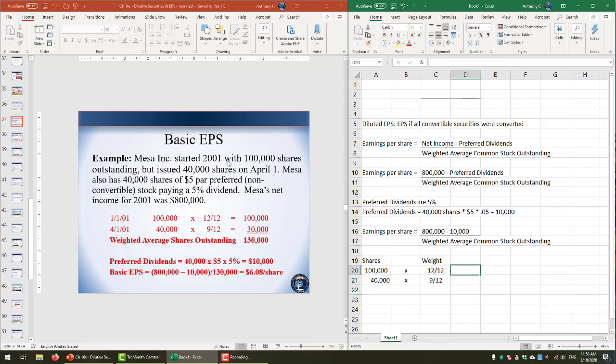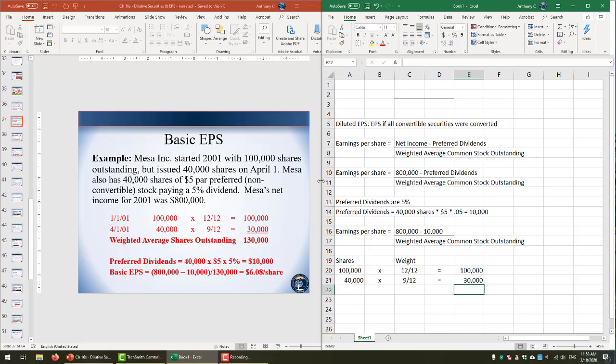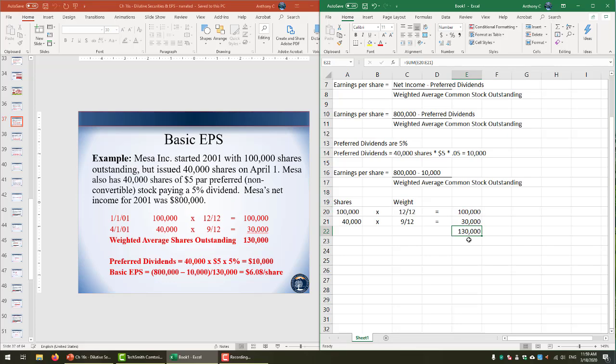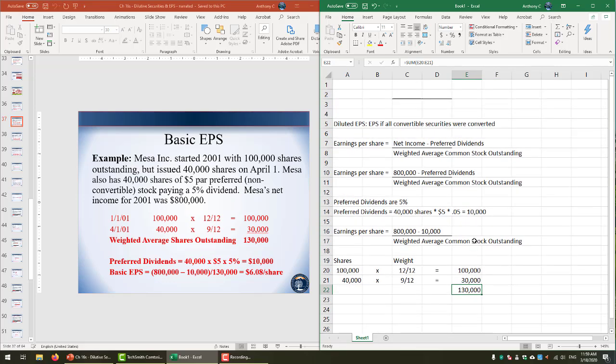All right, so we're just going to multiply the number of shares by the weight for each one. And then at the end, we're just going to sum it all together. And that'll get us to 130,000, and that's our weighted average common stock outstanding.